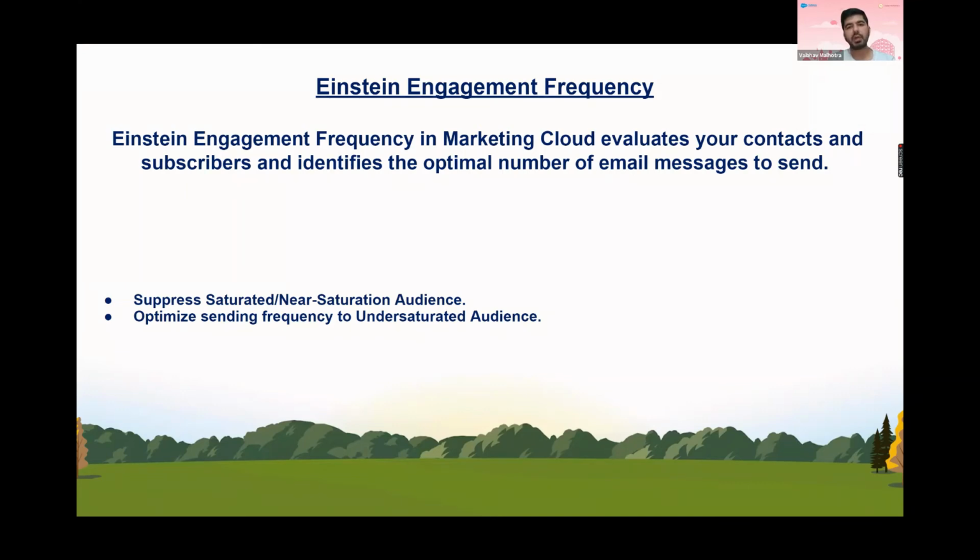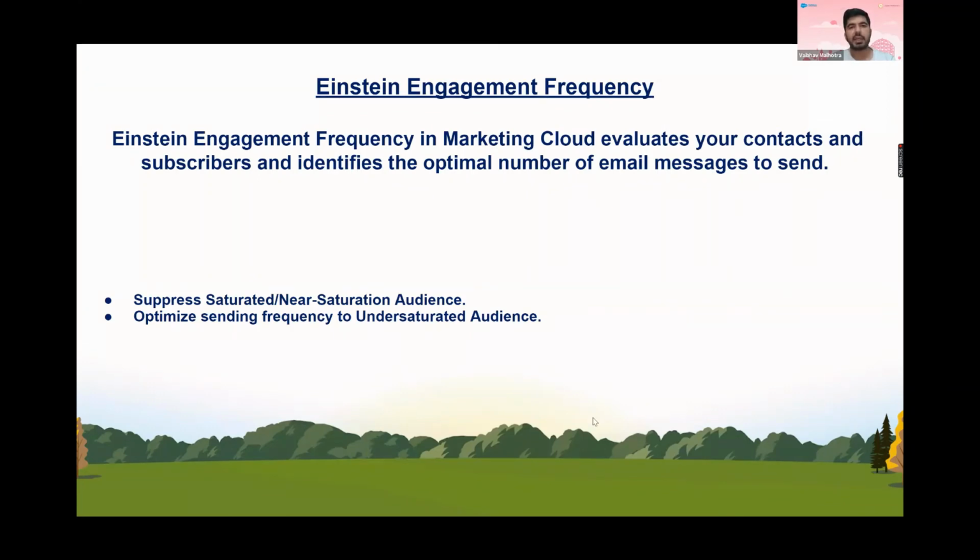There's a particular number of emails that should go out. Like maybe in a month you can send 7 emails. But to some subscribers you are sending more than 7 emails, say 20 emails, and to some subscribers you're only sending 4 or 5 emails.